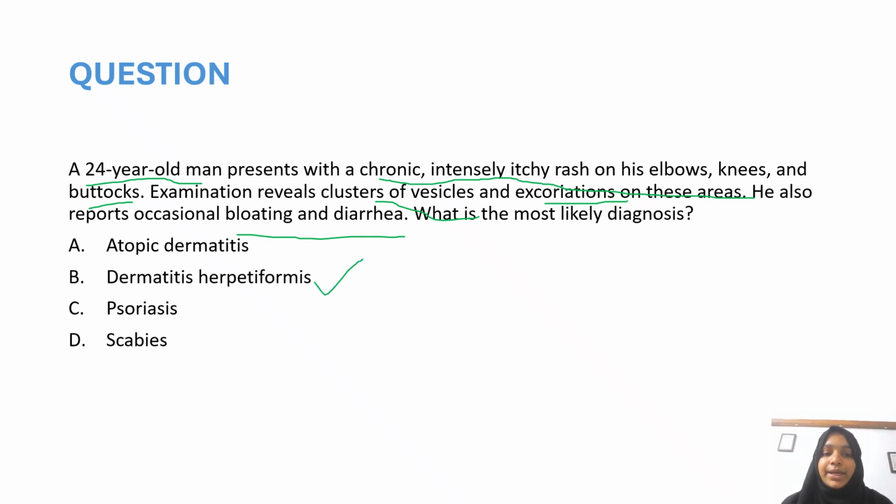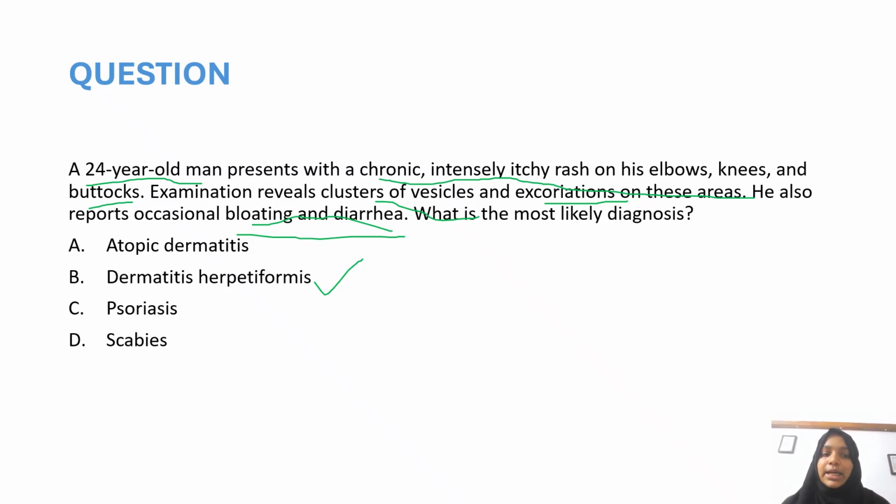There is another clue here, that is, there is occasional bloating and diarrhea. That means dermatitis herpetiformis, an autoimmune condition, often associated with celiac disease. So that is like the skin manifestation of celiac disease. So this bloating and diarrhea is suggestive of celiac disease, which is another autoimmune condition. So this is talking about dermatitis herpetiformis.